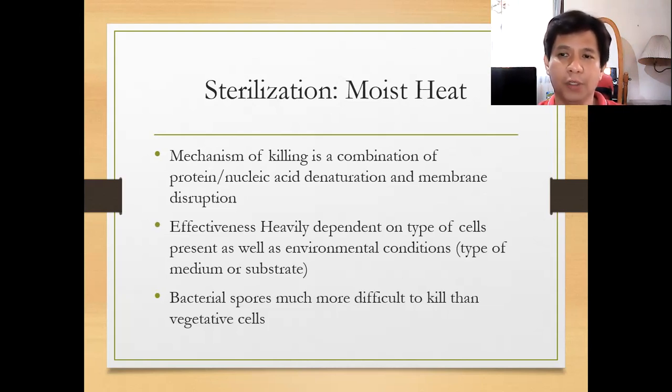Because of the high temperature of steam, when the two are in contact, the protein and the nucleic acid will be denatured or destroyed. Effectiveness is heavily dependent on the type of cells present as well as environmental conditions, so the type of medium or substrate.